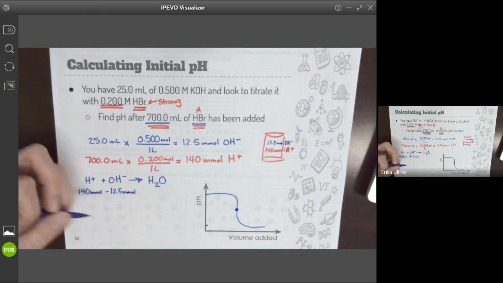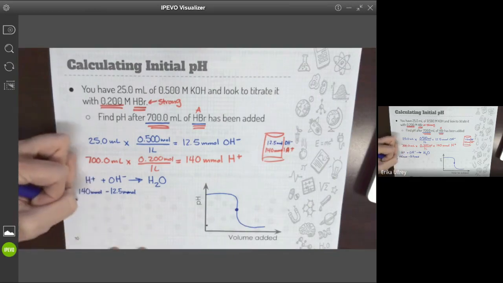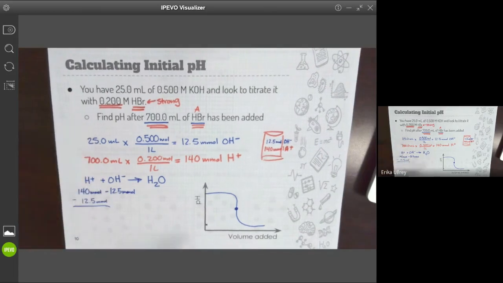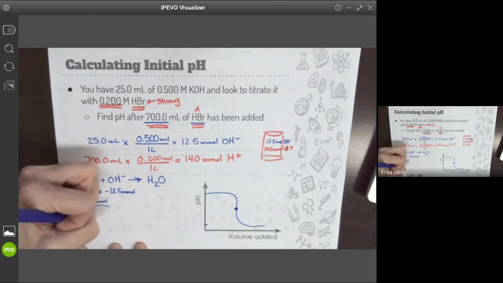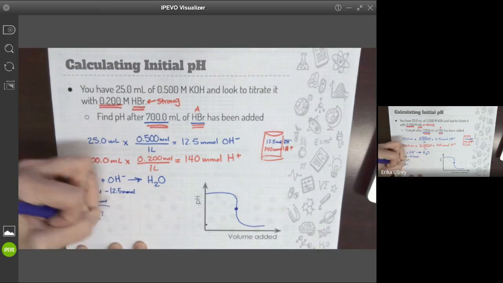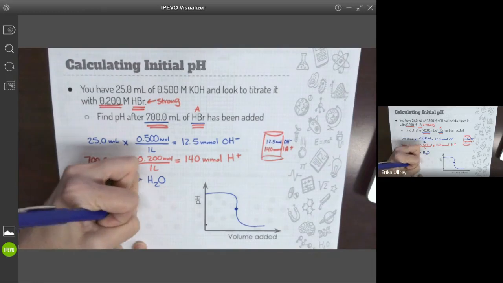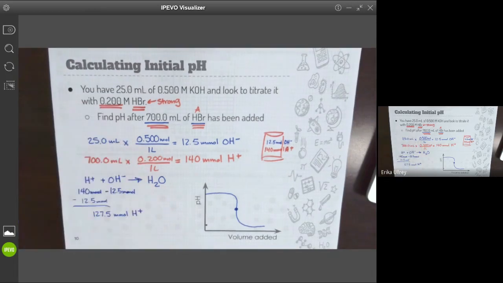And what's going to be left over is all the excess H plus. So 140 minus 12.5 means that we're going to have an excess of 127.5 millimoles of H plus.